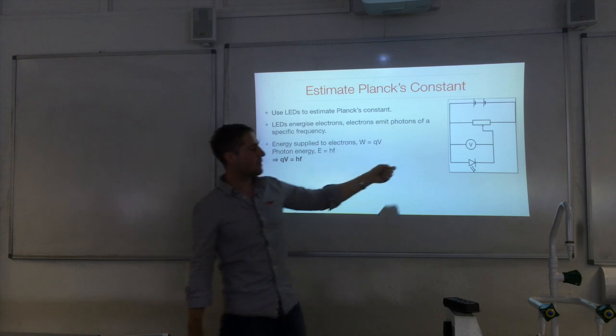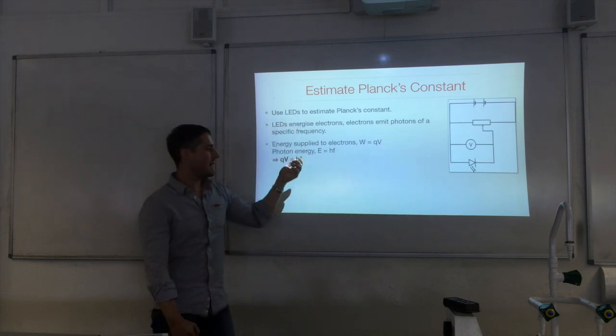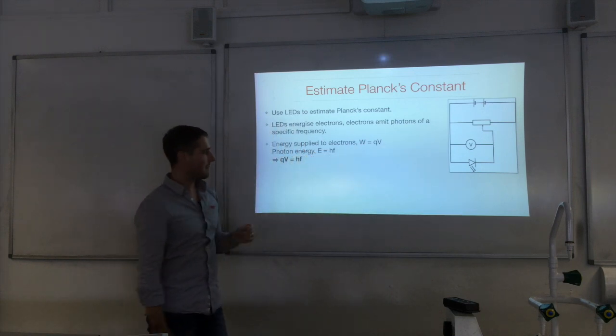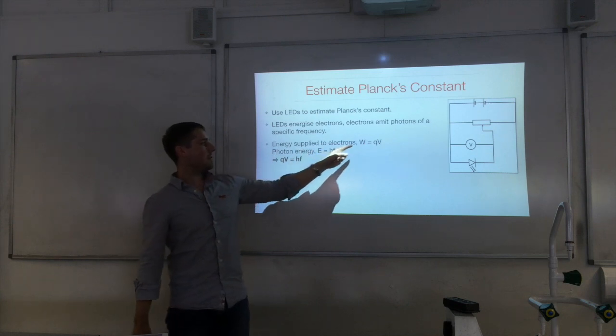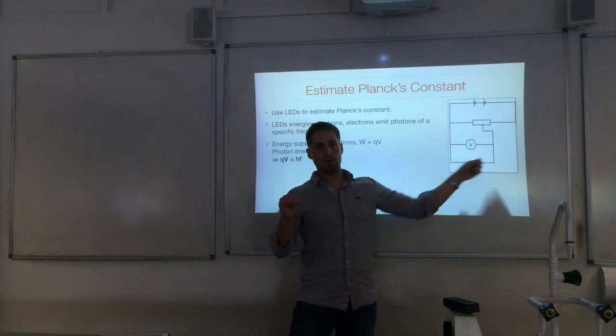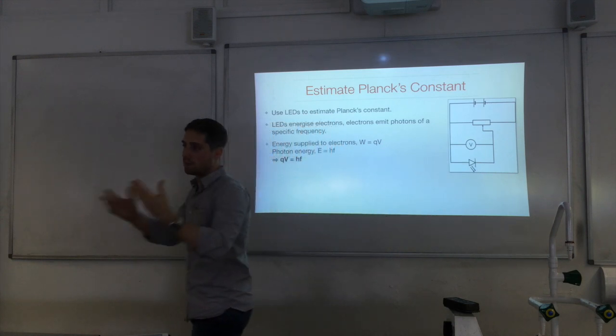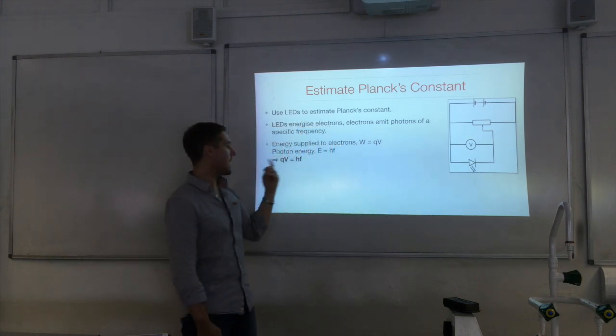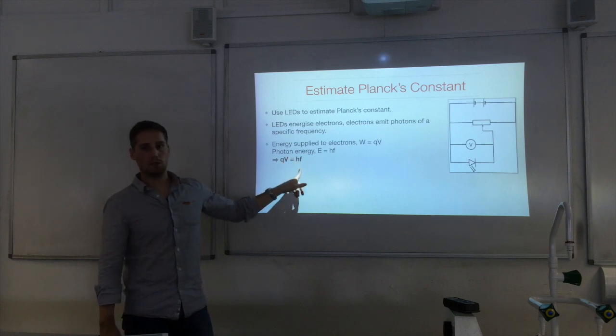And the photon that is emitted is going to have an energy of hf. So if we assume that all of the energy given to the electron moving through the LED is emitted as a photon, then QV is equal to hf.